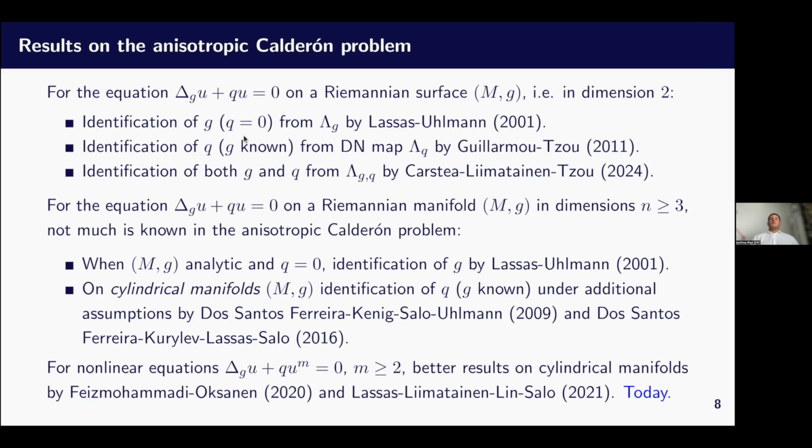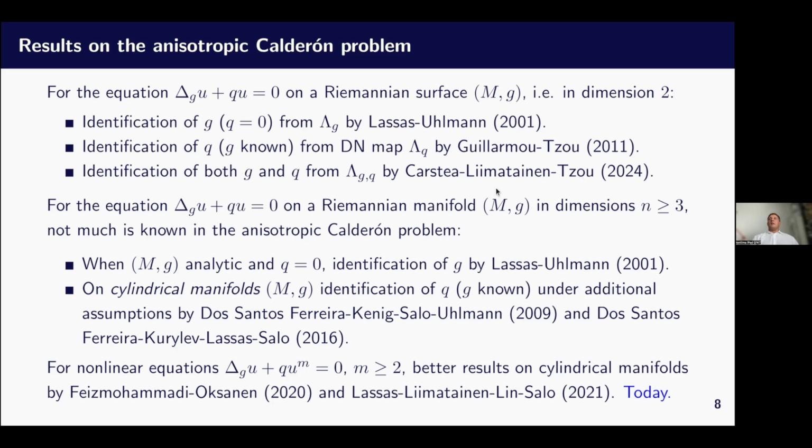Identification of the function q when g is known was done by Guillarmou and Tzou in 2011. But the case when both g and q are unknown was done only this year by Carstea, Feizmohammadi, and Tzou.